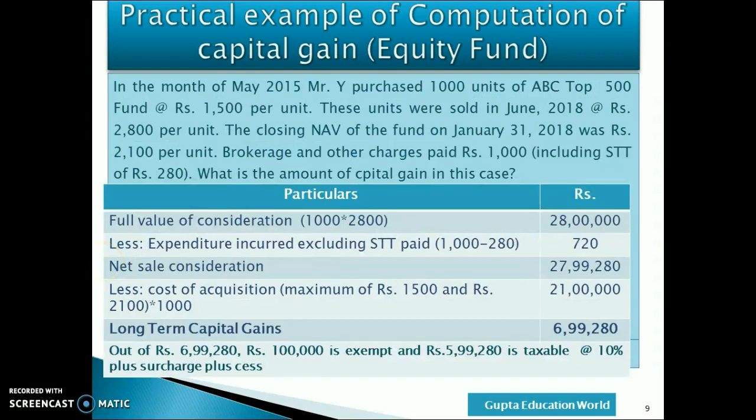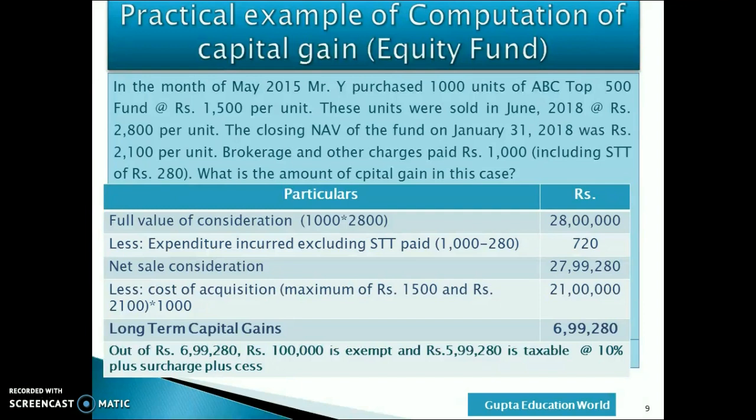Now I will give you a practical example for computation of capital gain on equity fund. Suppose in the month of May 2015, Mr. Y purchased 1000 units of ABC Top 500 fund at the rate of Rs 1500 per unit.